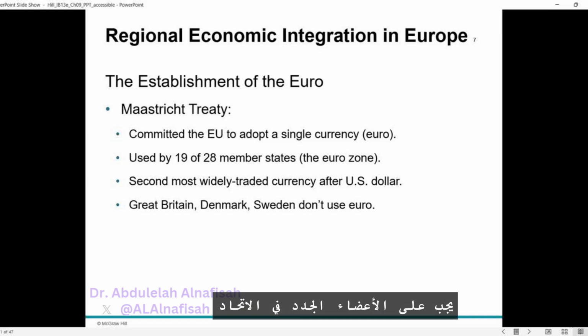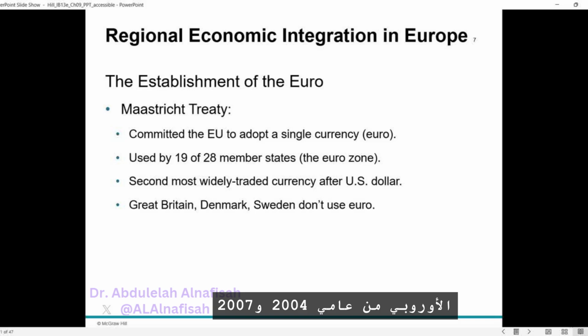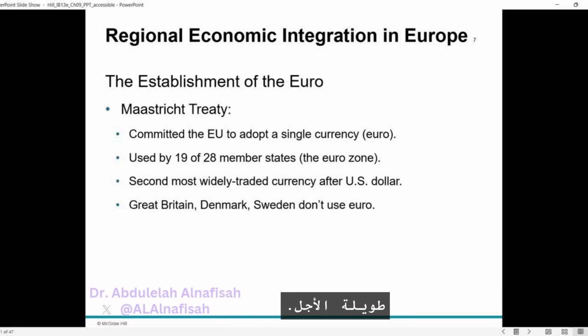The newer EU members from 2004 and 2007 must meet specific economic criteria: price stability, sound fiscal health, stable exchange rates, and long-term interest rate convergence to adopt the euro, as the initial members did.